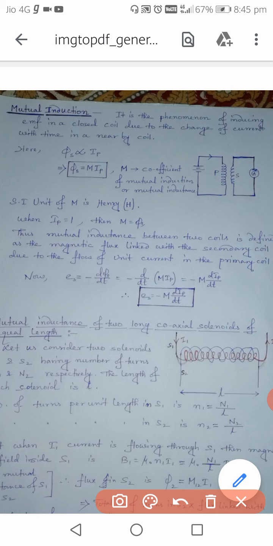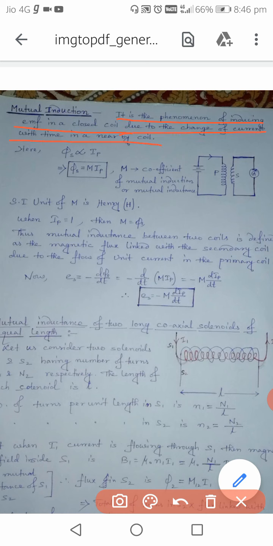Now here, mutual induction is the phenomenon of inducing EMF in a closed coil due to change in current with time in the nearby coil. That means here current is flowing through this coil, the primary.